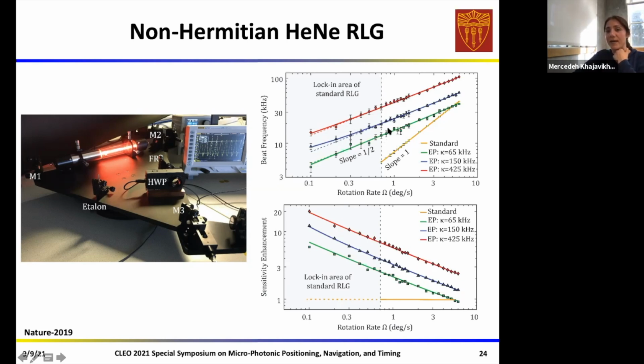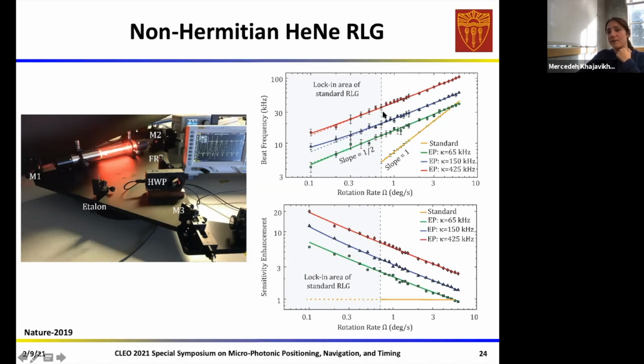We added these extra elements in the cavity. As you can see, first of all, the slope of this function changes, becoming 1/2, while the standard single cavity has a slope of 1.